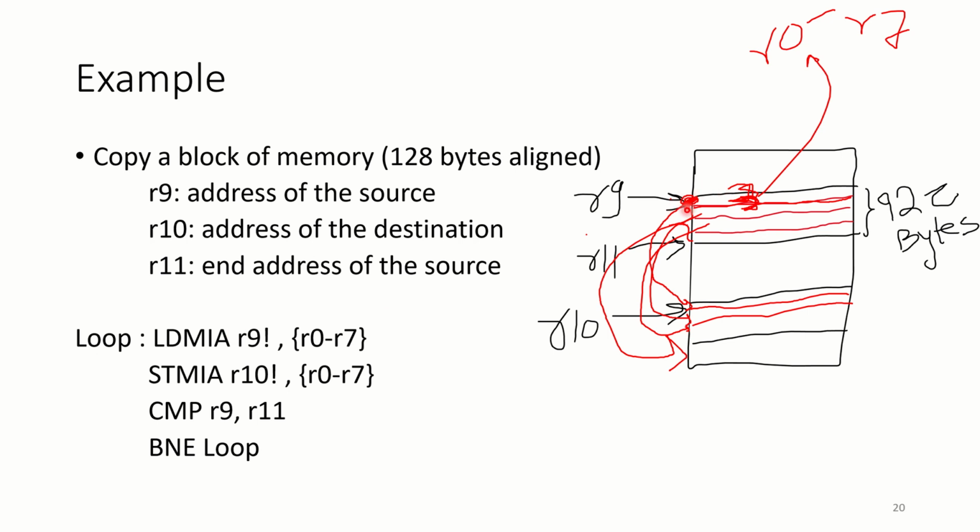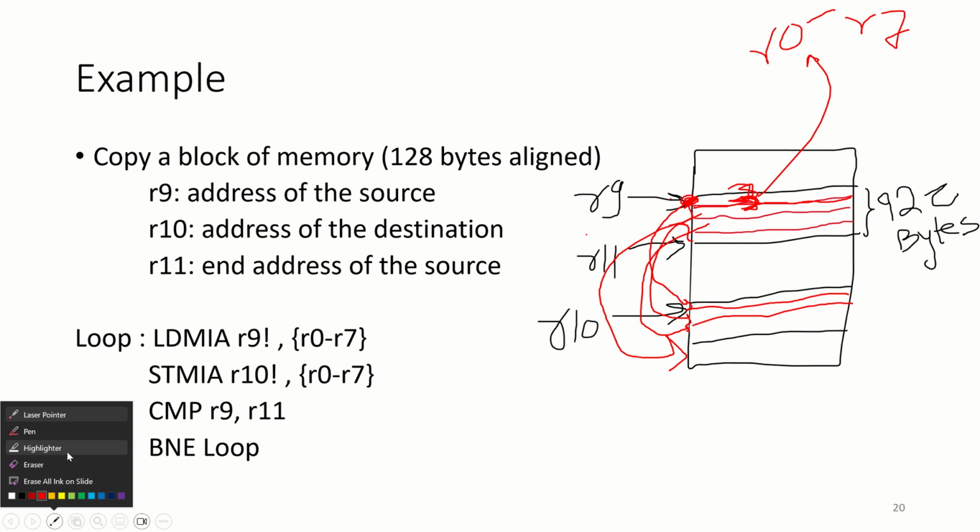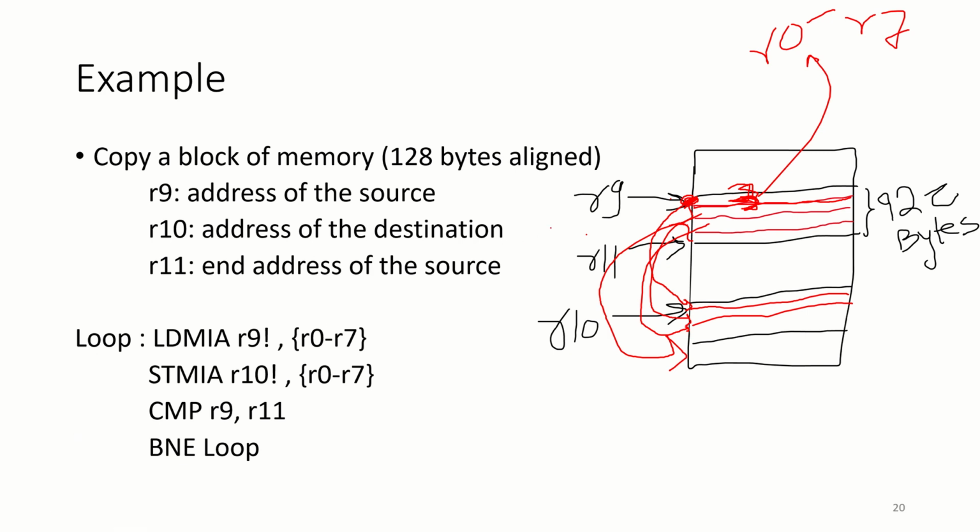That's why the value of R9 is incrementing each time. After execution of this instruction, the R9 value has changed. R9 will be pointing to something here, meaning the previous value plus 8.